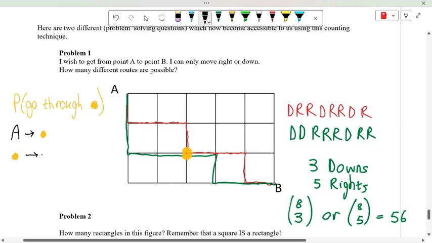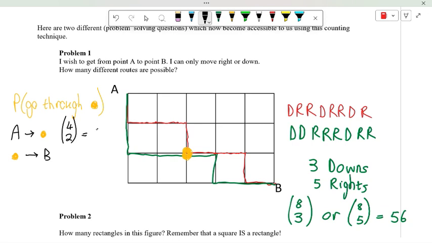From A to the orange dot, these ones involve 2 downs and 2 rights. I could go down, right, down, right. So I've got 4 moves, and I need to choose 2 positions in those 4 moves to go right, or in fact 2 to go down. This comes to 6.